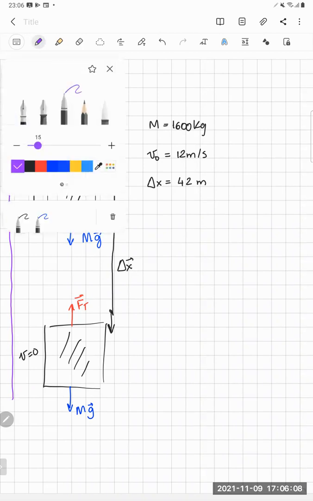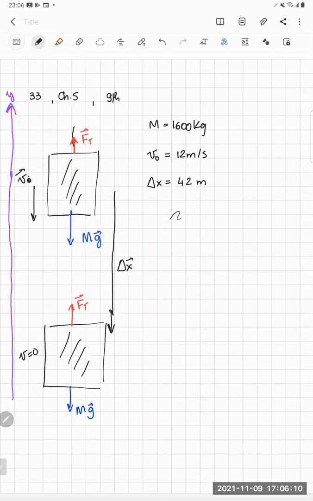We use Newton's second law: the sum of all the forces equals ma. We only have forces in the y direction, so the sum of the forces in y equals m times the acceleration in the y direction.